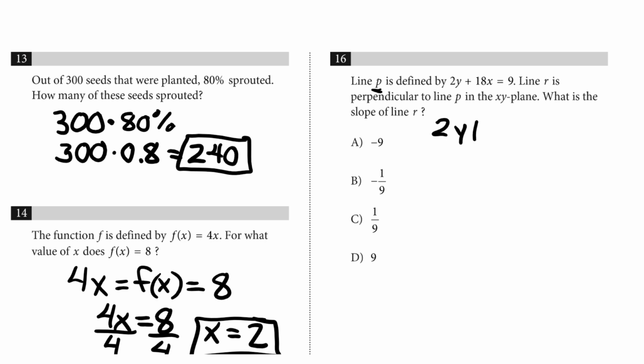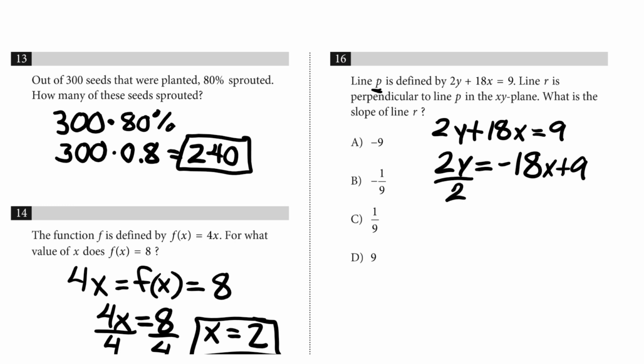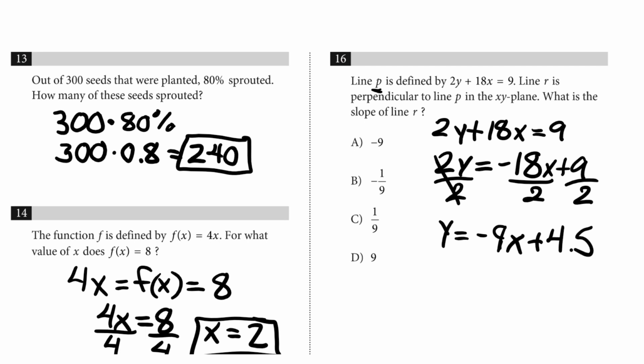Right now we have 2y plus 18x equals 9. First we're going to subtract 18x on each side to give us 2y equals negative 18x plus 9. And then we're going to divide everything by 2. This will give us y equals negative 9x plus 4.5.